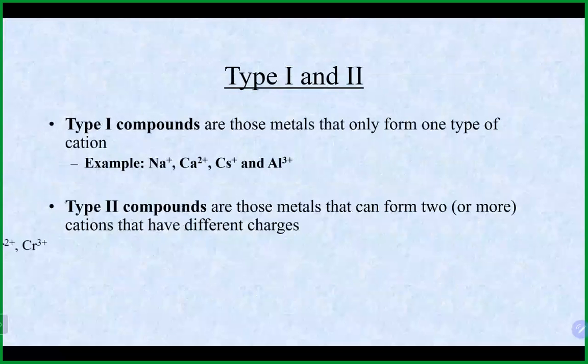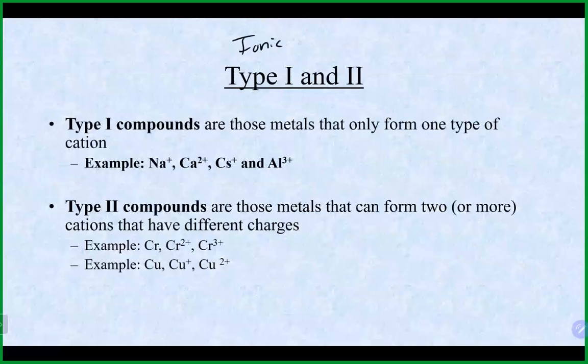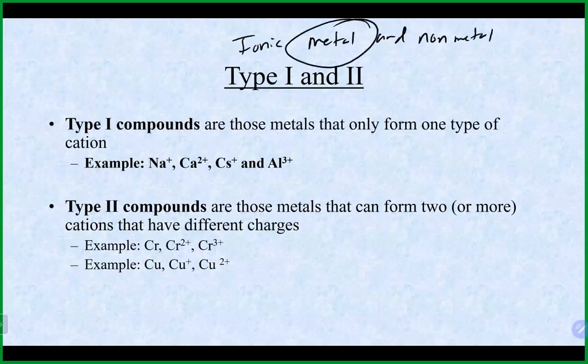So when we talk about ionic compounds, we do break them into 2 types of categories. And these are ionic compounds, so that's our metal and our non-metal. And in all naming, whenever you have a metal involved, that is really the most important thing to look at.